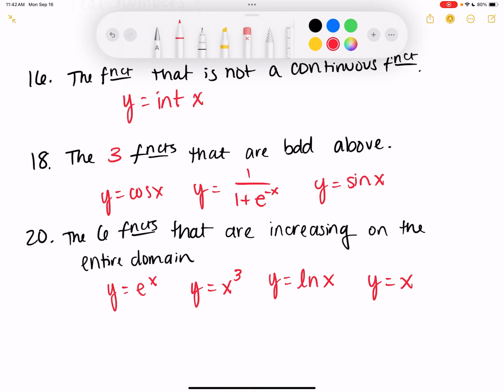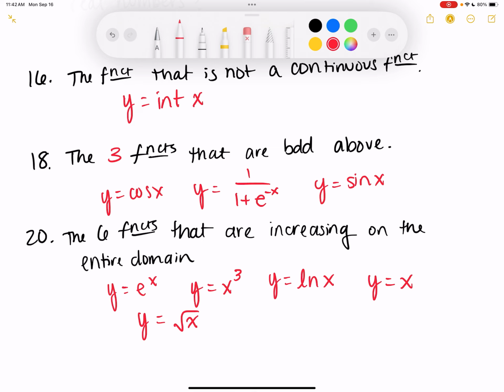It can start just wherever the function starts, it has to constantly be getting bigger. Y equals 1 over x. Nope. Square root of x. Yep, because it doesn't start till 0, but every point after that, the y value gets bigger.